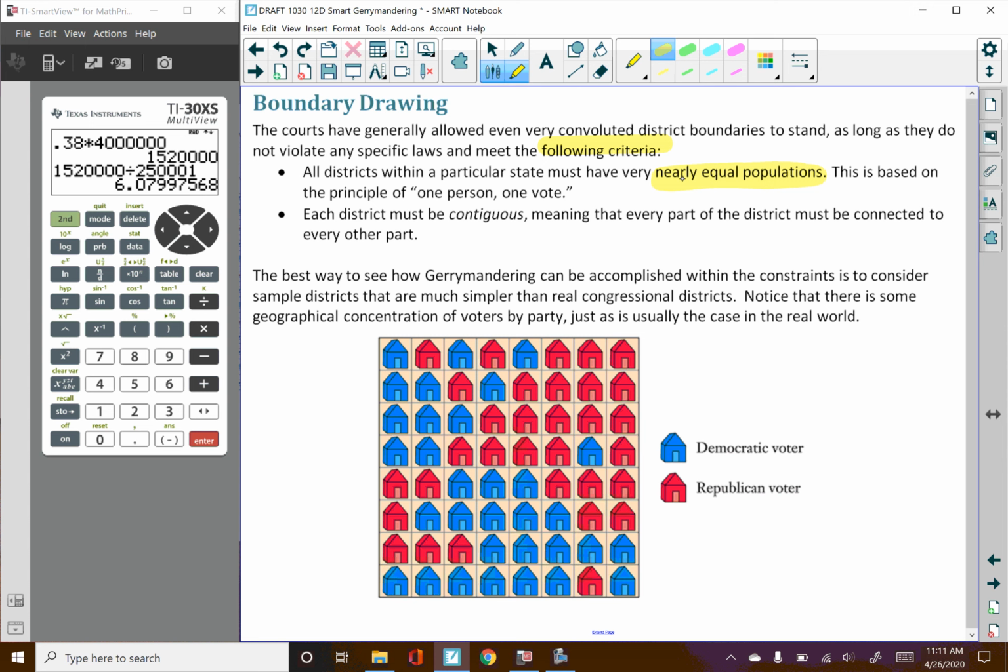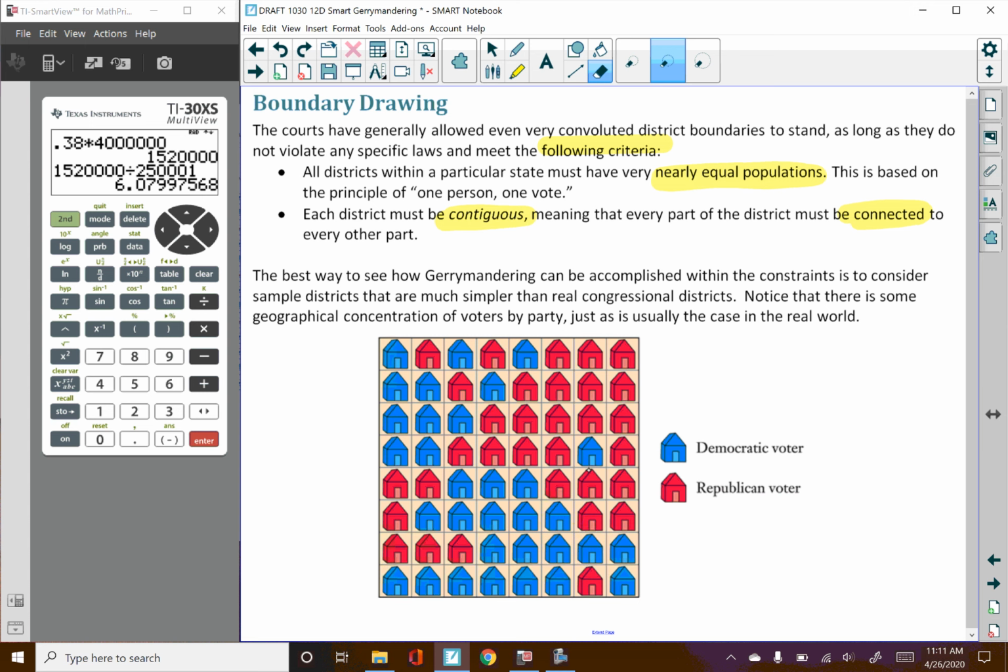You can't put tons of people in one district and very few people in another. They have to be close to equal on the populations. And then the other requirement is that districts have to be contiguous, meaning that they have to be connected to every other part. You can't have separate pieces scattered around make a district. They have to be connected.